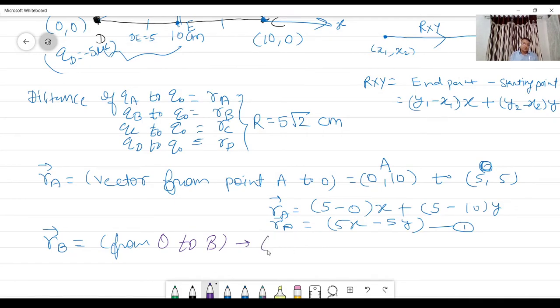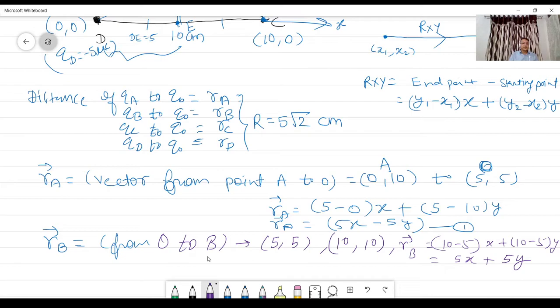So it will be from 5 comma 5 to 10 comma 10. What will be the RB here? I can write 10 minus 5 in x plus 10 minus 5 in y, so I can write 5x plus 5y.